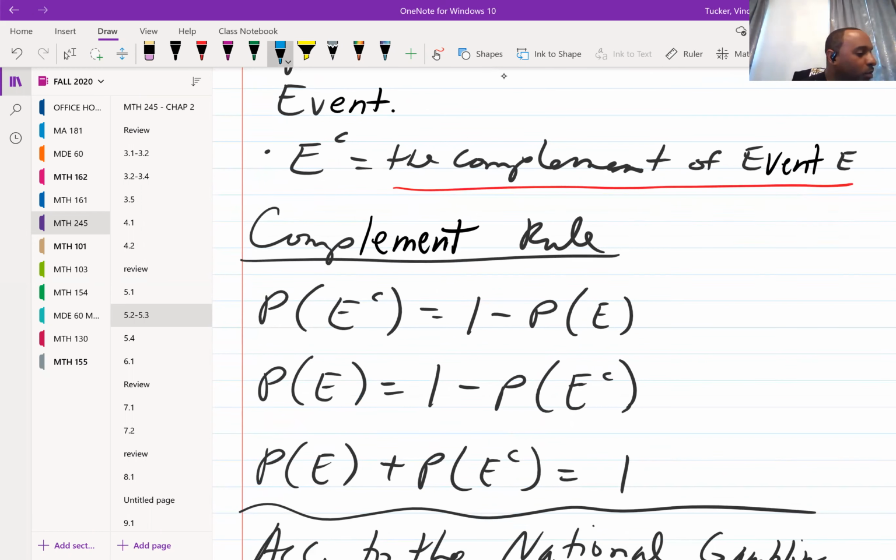That relationship will always hold true. Your event and not your event will always add up together to give you 1. All right, can I scroll up?